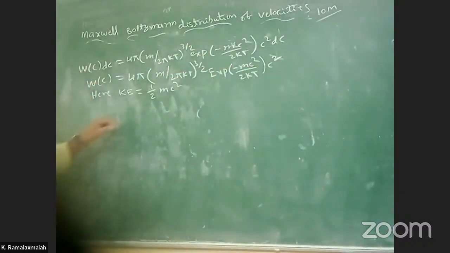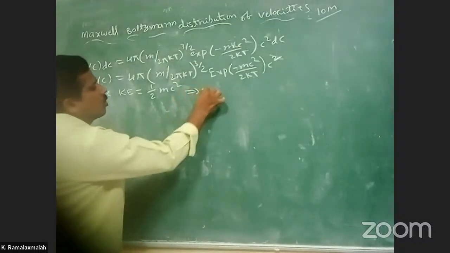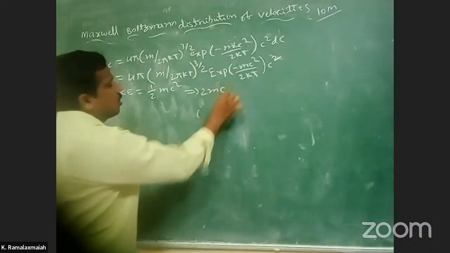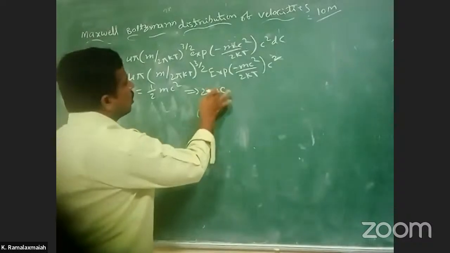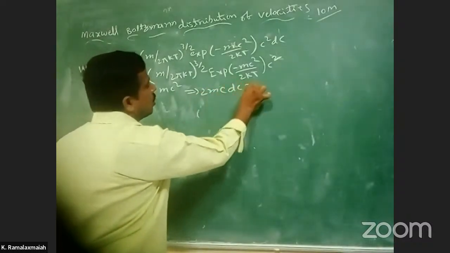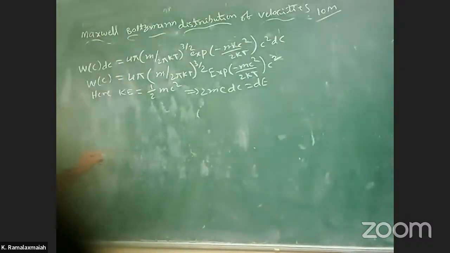Substitute this one. E is equal to half mc square. So convert the derivative: 2mc dc is equal to dE. So that is the integration.